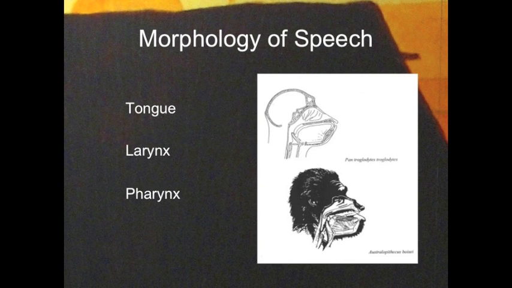Recent craniometric studies comparing Pliocene hominids, and I have a pretty good example of a robust Pliocene hominid, in this case Australopithecus boisei, and extant chimpanzees, and I'm giving you the common chimpanzee, Pan troglodytes, have given us some pretty deep understandings with regards to the range of sound that extinct primate forms, such as Australopithecus boisei, could make.